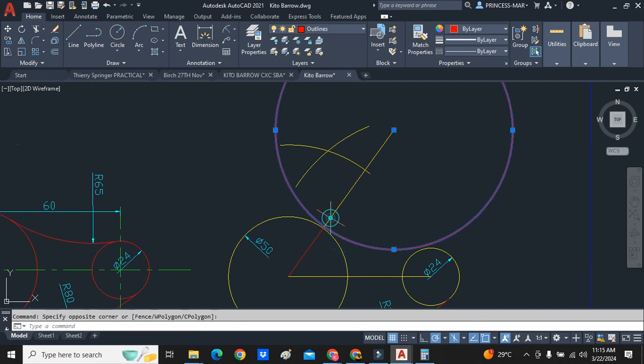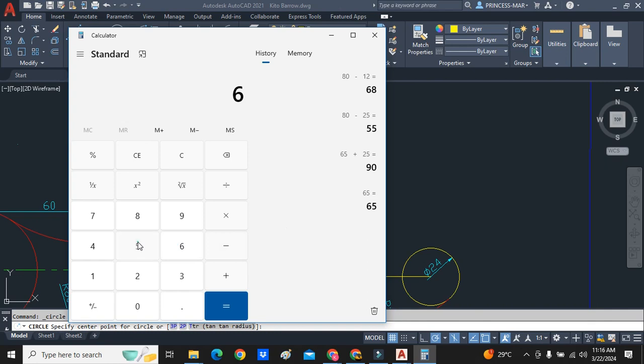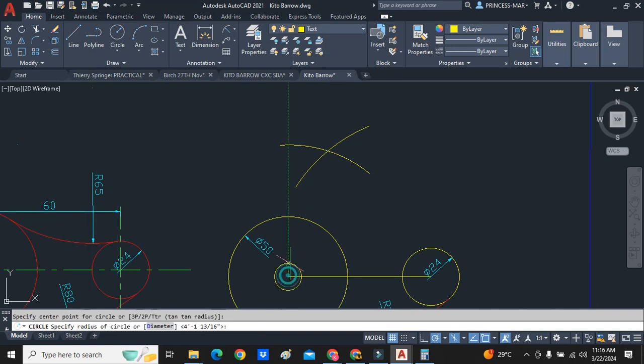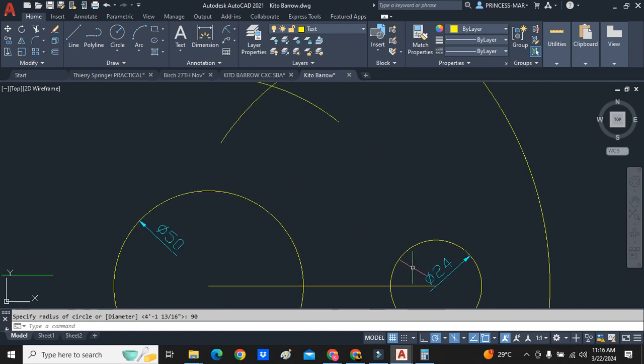So that's 65 plus 25. If you are at home, you're doing it. 65 plus 25 gives us 90. So we come from here and we draw our curve at 90.